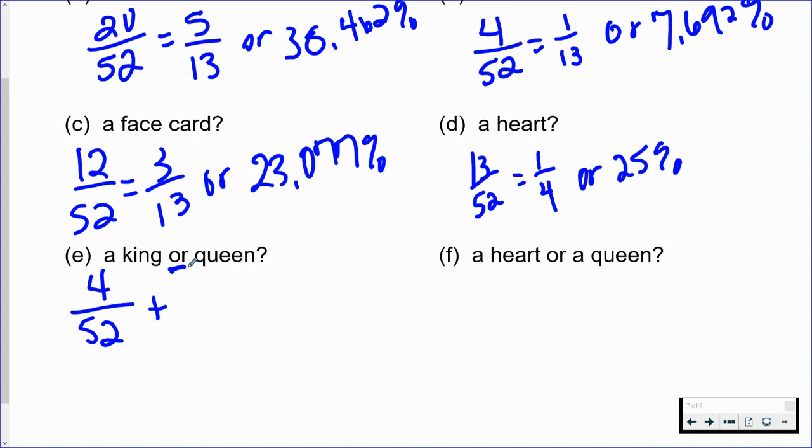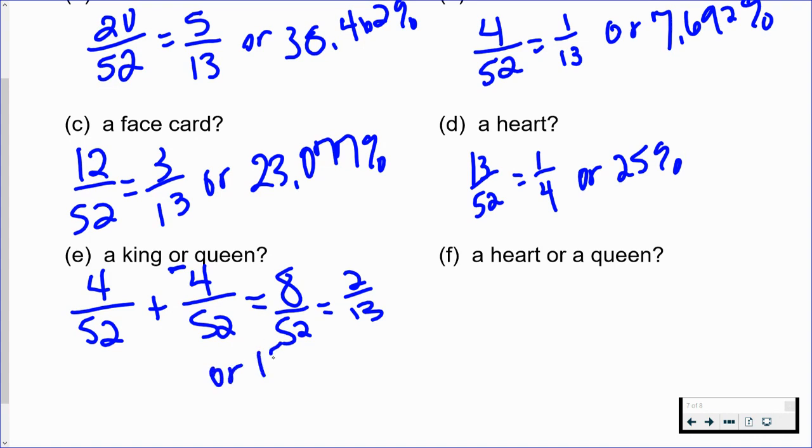There's 4, one for each suit, out of 52. So that gives us 8 out of 52, which would be reduced by, divide each one by 4. That's 2 over 13, or 15.385%.